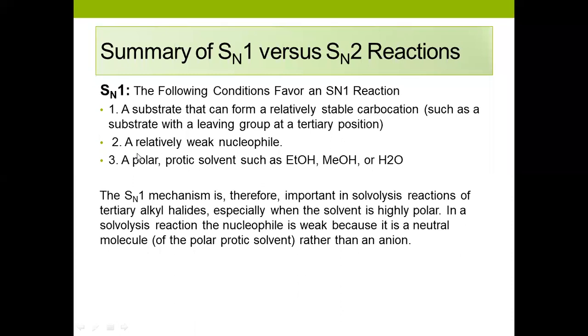Also a relatively weak nucleophile, or a polar protic solvent. The SN1 mechanism is therefore important in solvolysis reactions.